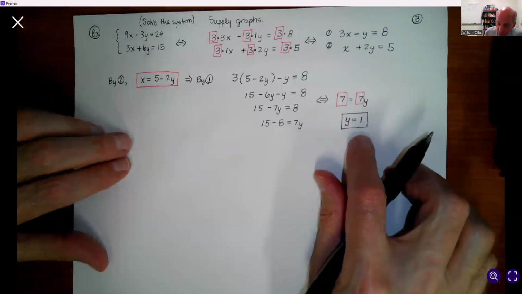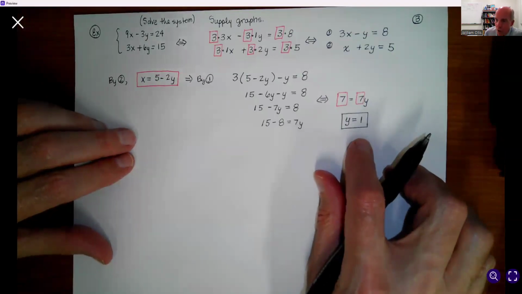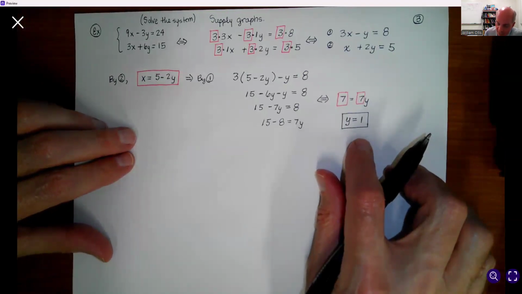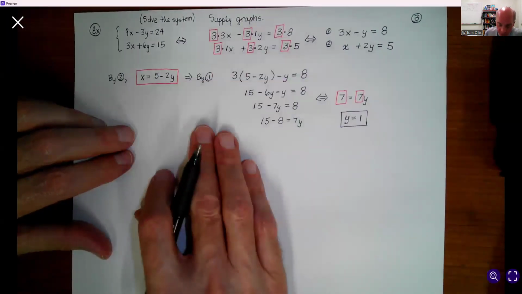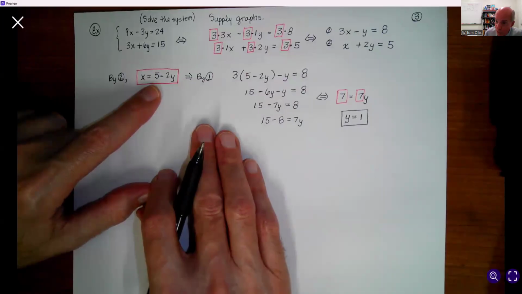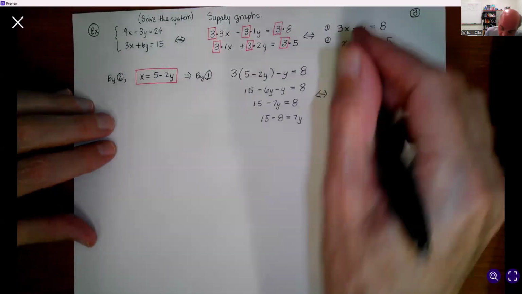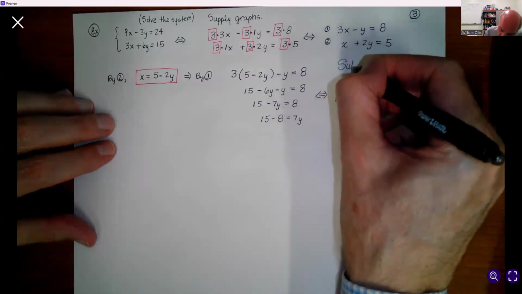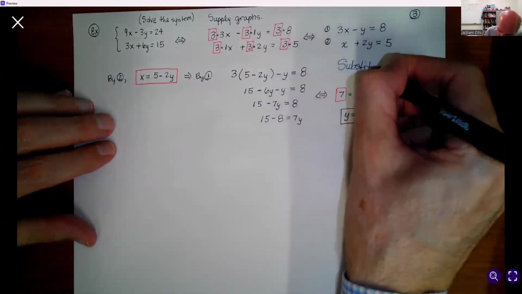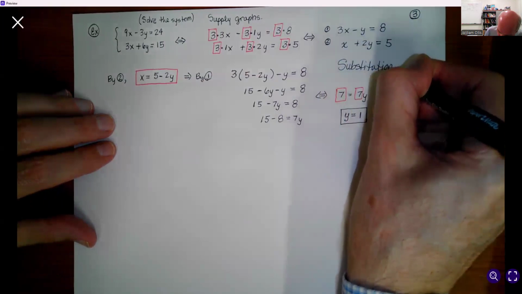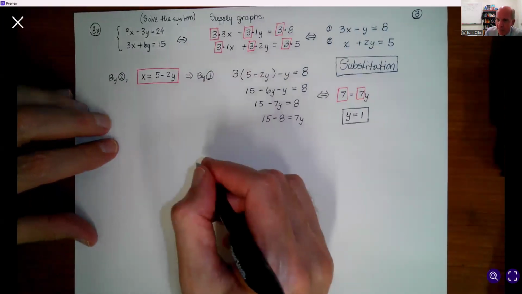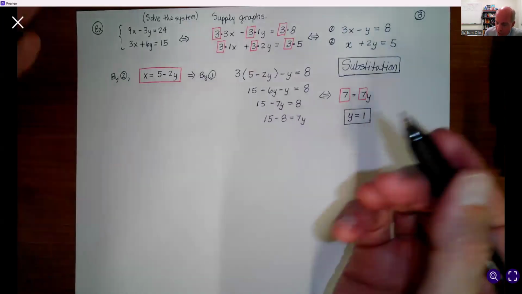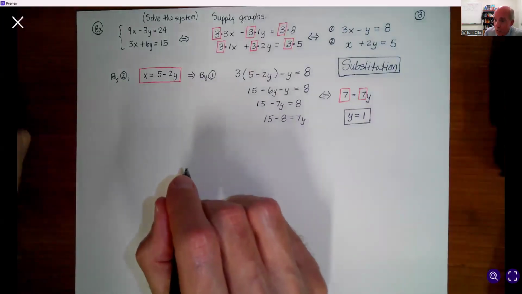Now, one thing that we notice here is that in order to solve the system, we also need the x variable. So this is where you go back and look at all the work and say, well, we have a very simple equation here that we use to start the substitution process. So let me just write over here, we're using substitution. And it doesn't matter, again, like I say, what technique you use. Here, I'm just using substitution to remind you of it.